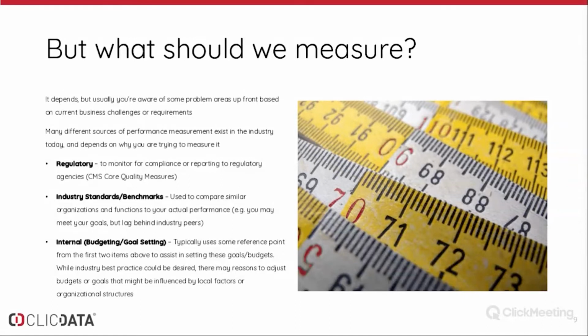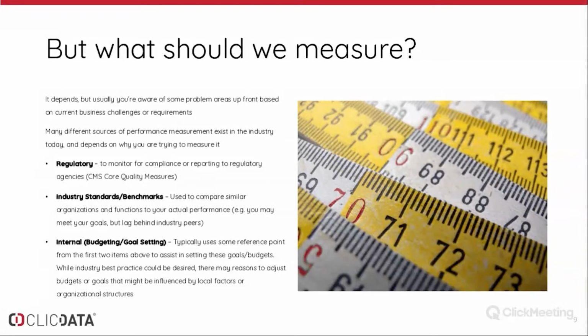And then the third is internal budgeting and goal setting. While industry standards and benchmarks are great, there may be some things that you need to adjust that are more localized to your organization or your business, or the market that you're in, because maybe the industry standard is a nice ideal place to be, but you may not be able to get there within a certain time frame.